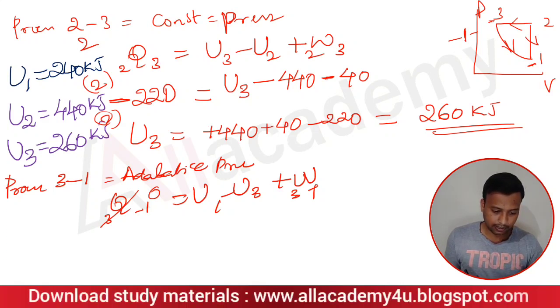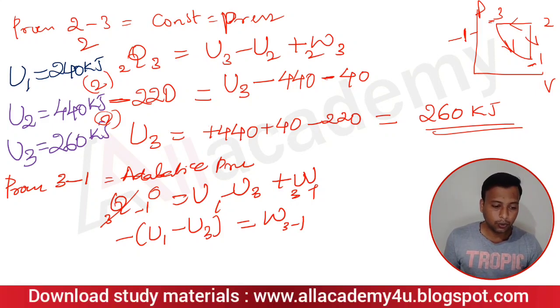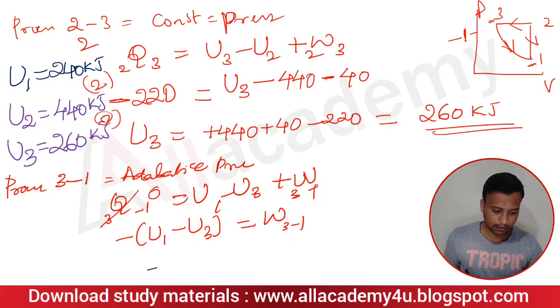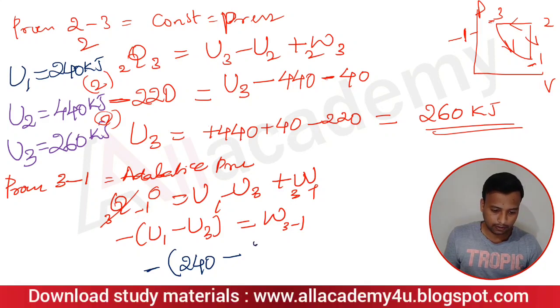If I interchange these, this becomes minus (U1 minus U3) equals W3 to 1. We already have the U1, U2, and U3 values, so just substitute. U1 is 240 minus U3, which is 260.